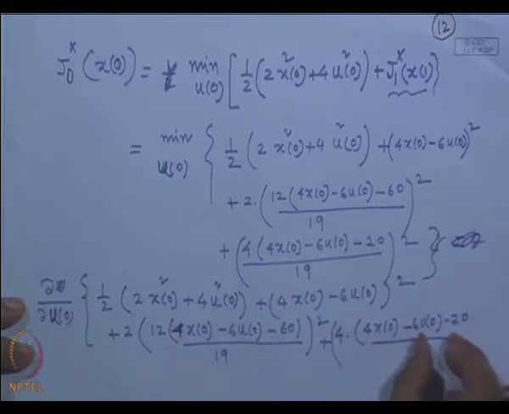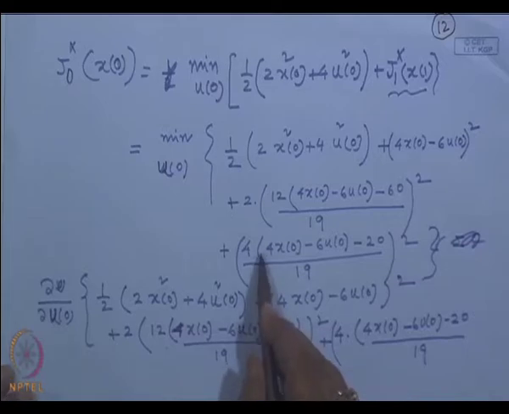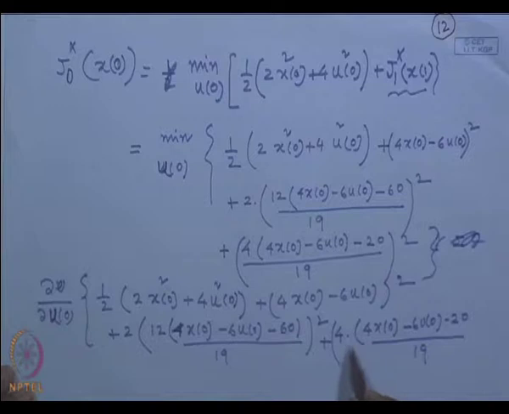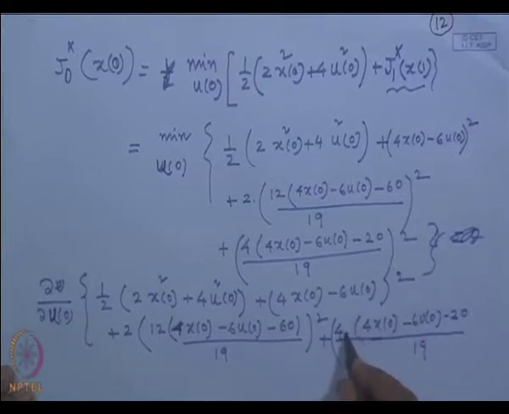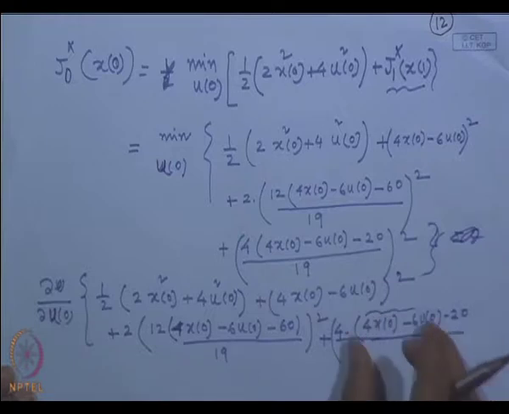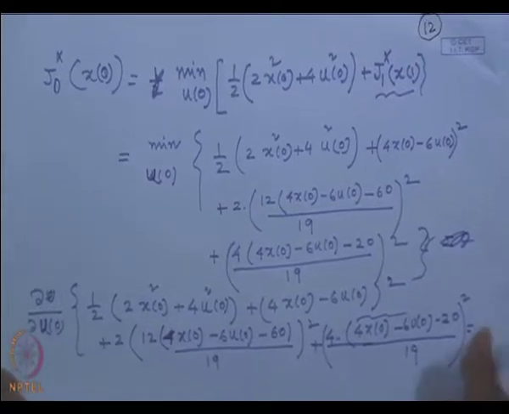This 4 into x 1, 4 into x 1 minus 20. So, 4 into x 1, this multiplied by this whole thing, 4 into this whole thing, x 1 minus 20 divided by 19 whole square is equal to 0.